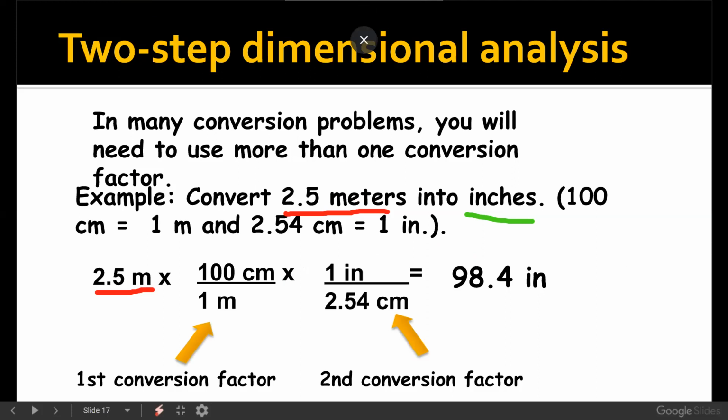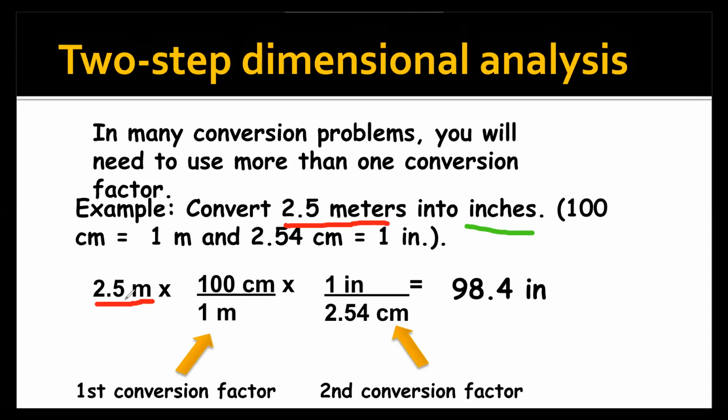Remember to cross out your units so you can see how this works. The meters cross out, and the centimeters cross out. What you're left with is what we wanted all along, which is inches. This is one of those ways to keep track.